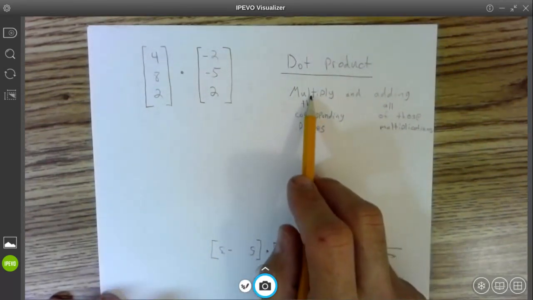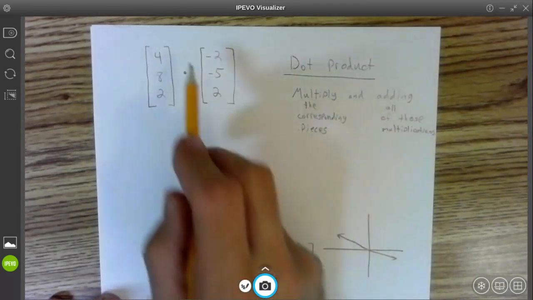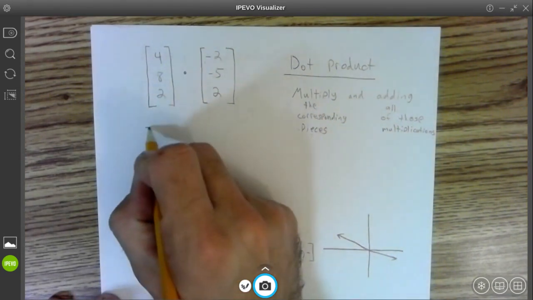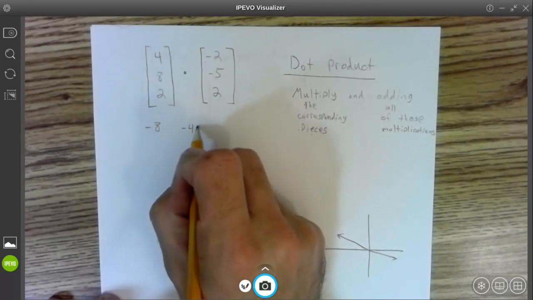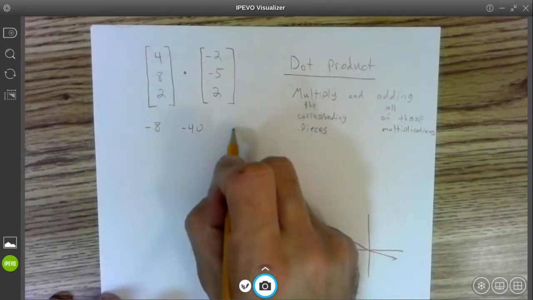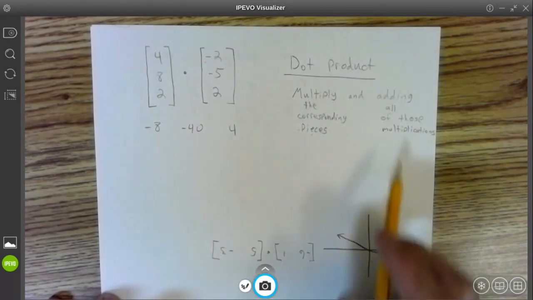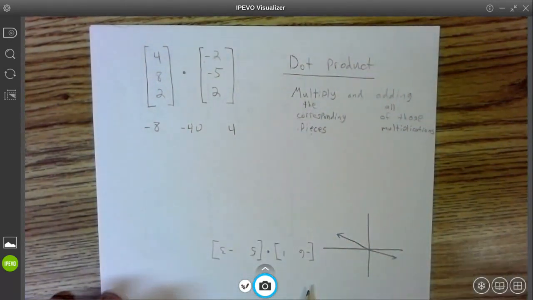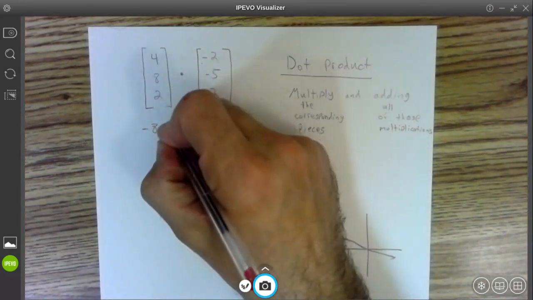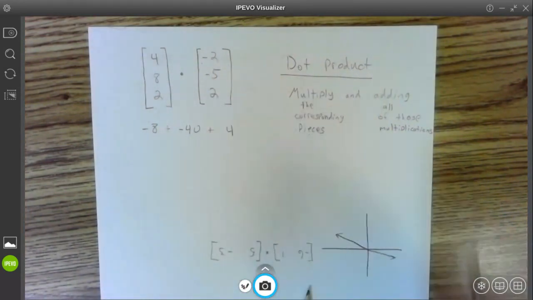What we're going to do is multiply the corresponding pieces. So 4 times negative 2 is negative 8. 8 and negative 5 is negative 40. 2 and 2 are 4. And then we're also going to be adding those corresponding pieces. So plus, plus.